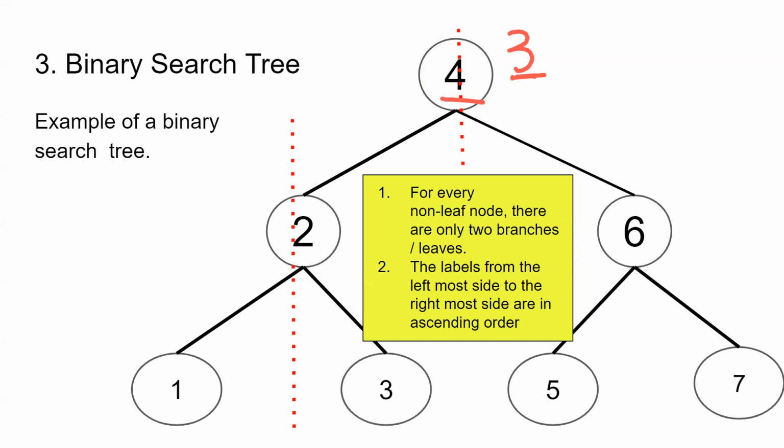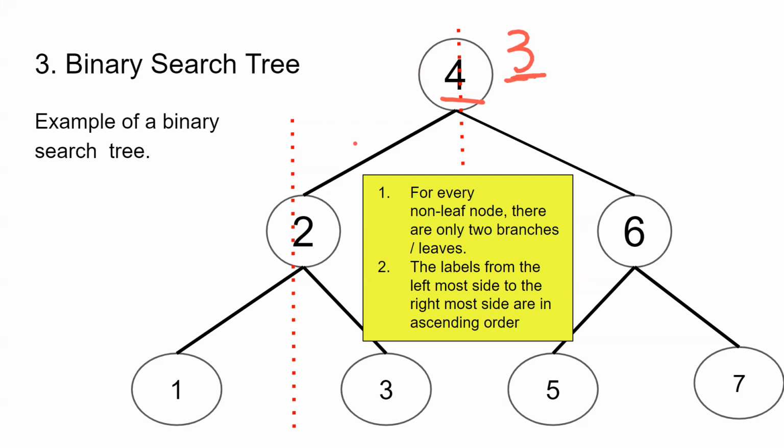I say 3 is smaller than 4, so 3 must be on the left side of 4, because we actually order the data in ascending order, so we can just compare that. If the data is greater than the label, it will be on the right side of the node. Otherwise, it will be on the left side of the node. So compare 4 and 3. So 3 will be on the left side of 4.